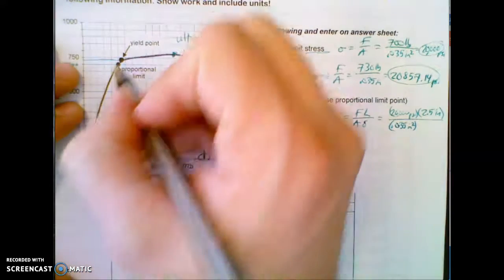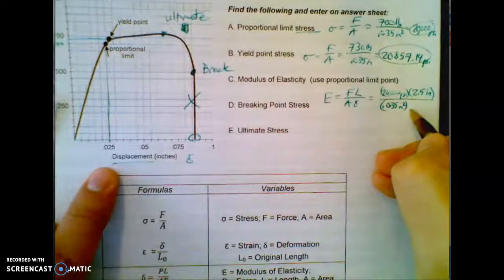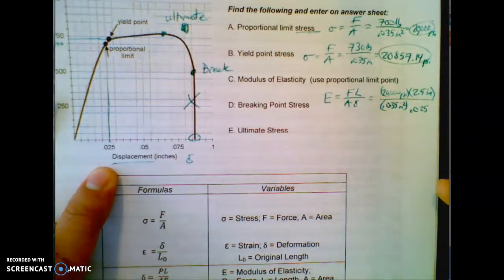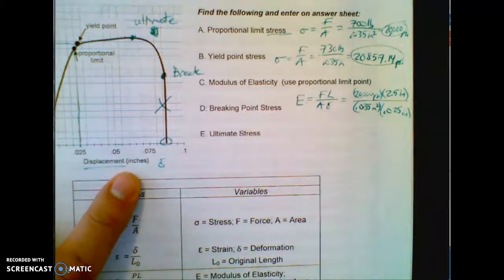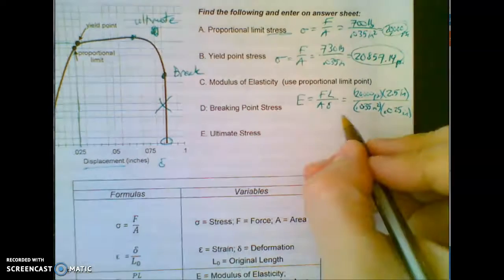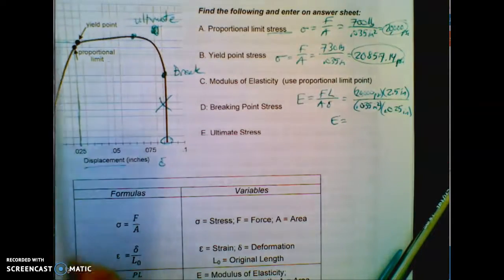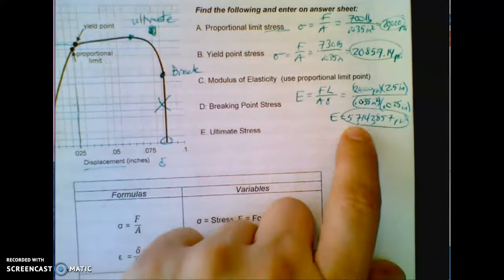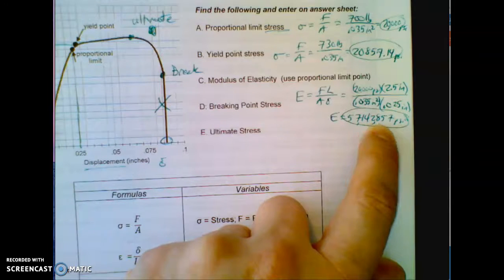So if I look over here, it looks like it comes right down to a nice number, 0.025 inches. All right, so a little typing later and we will get our E. Okay, so 20,000, let me pause it. Okay, so I typed it all in and I got 57,142,587 PSI.